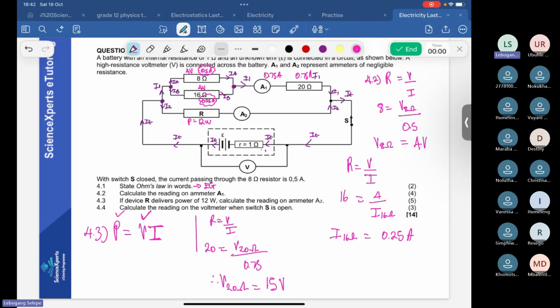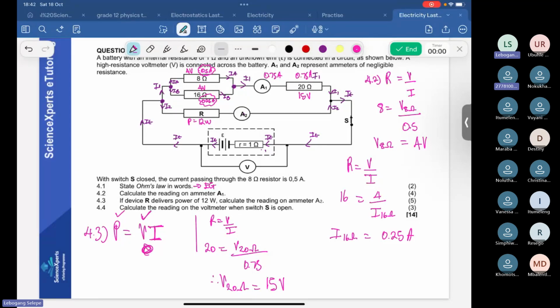Yes, 15 V. But the voltage of this other parallel branch was 4 V. Therefore, the voltage of this entire branch would be 4 plus 15, right? Yes. So the voltage here that we would substitute would be 4 plus 15.